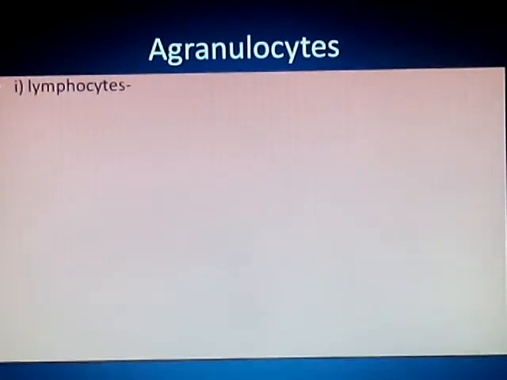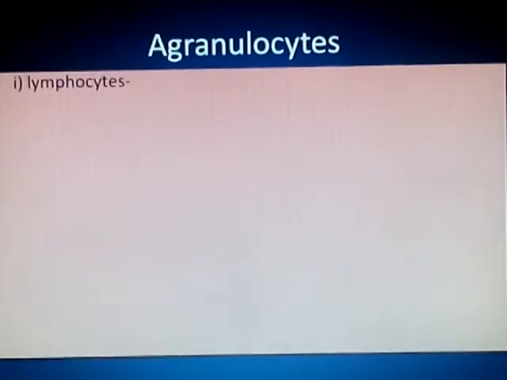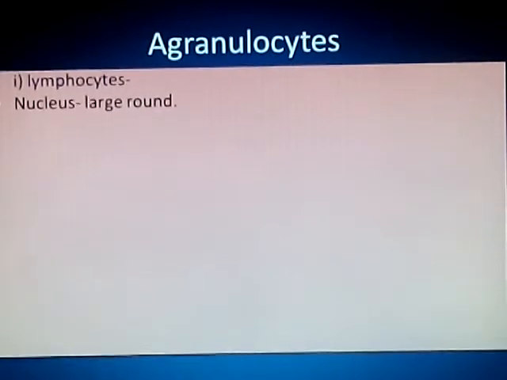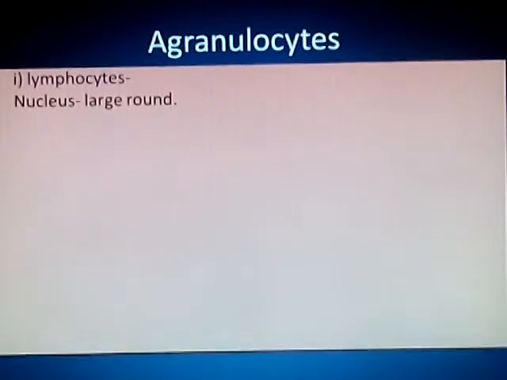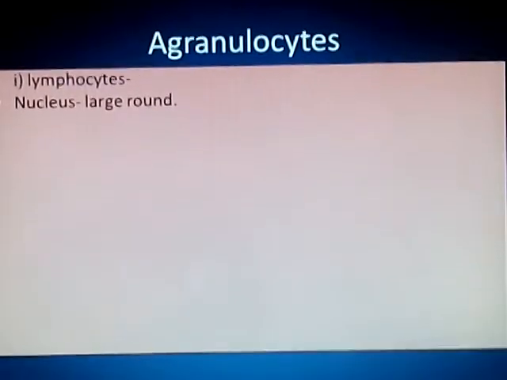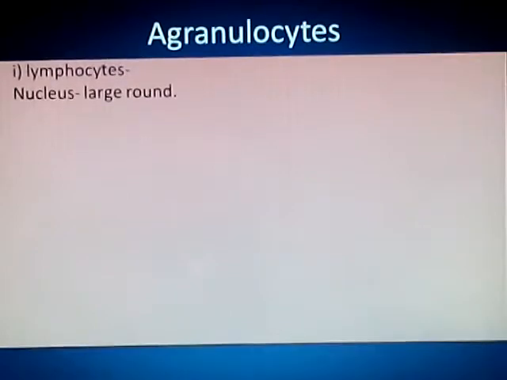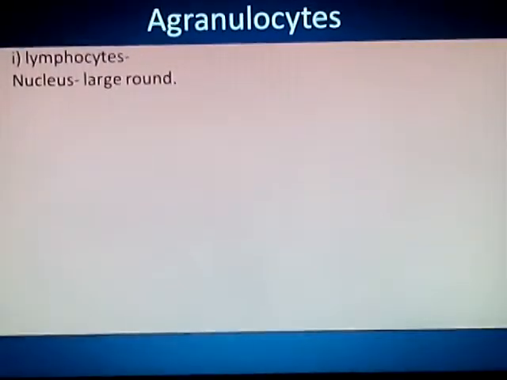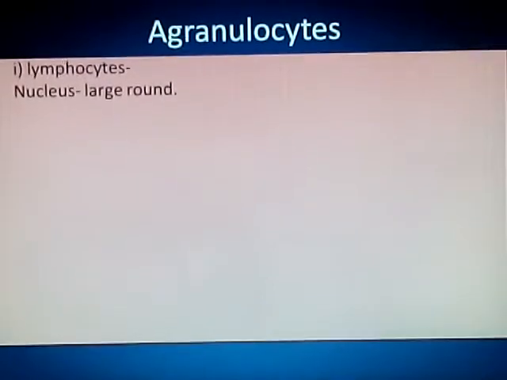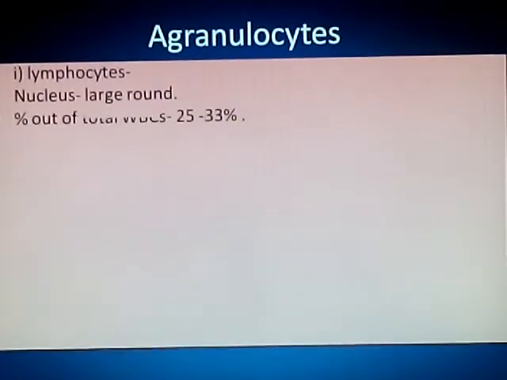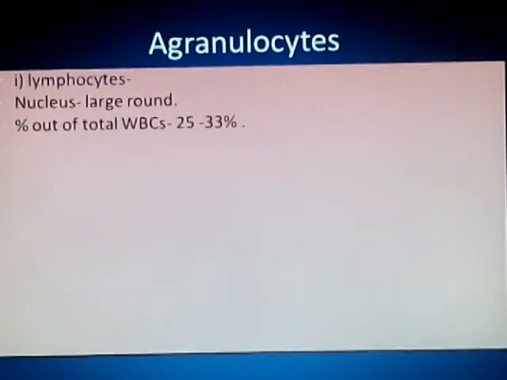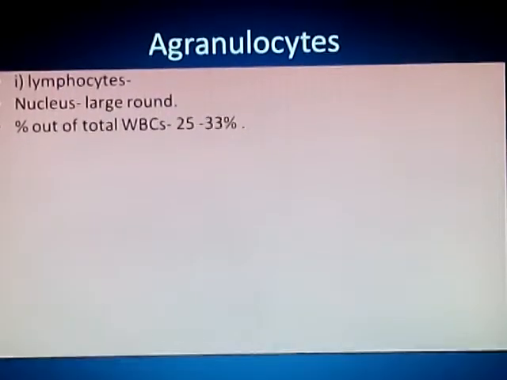So first, let us collect the information about lymphocyte. The nucleus of lymphocyte is large and round. Only around this nucleus and inside the plasma membrane there is a thin film of cytoplasm. Second, amongst the total WBC, the percentage of lymphocyte is only 25 to 33%.